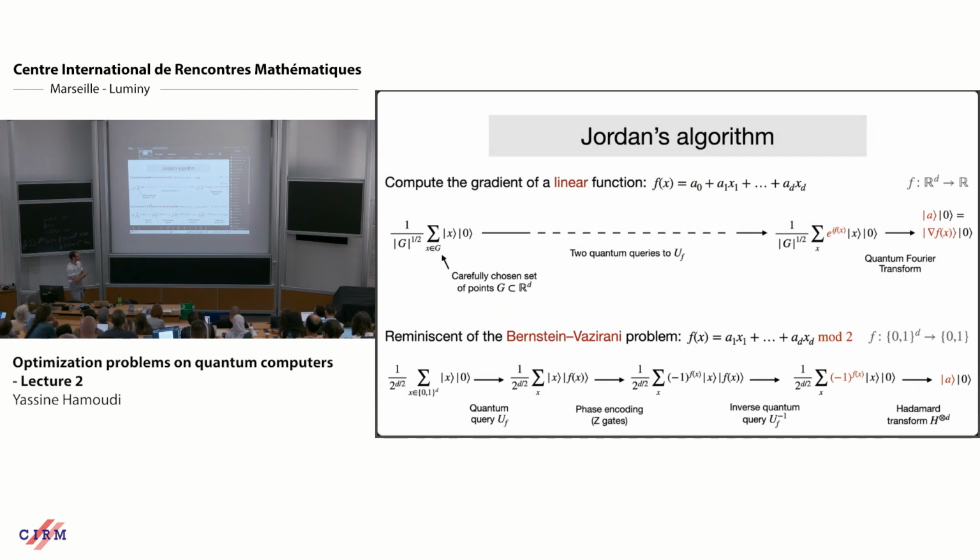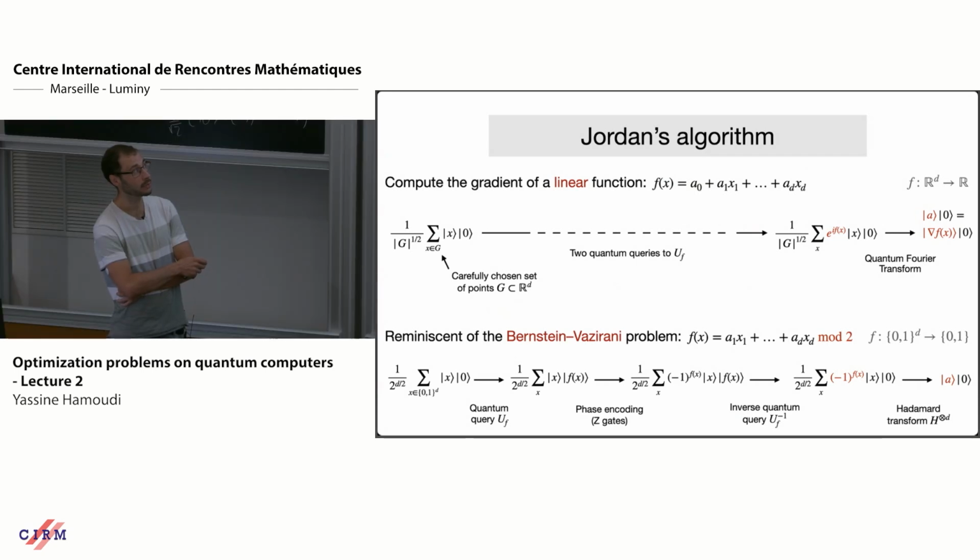Then you do essentially the same thing as the Bernstein-Vazirani algorithm: you make a query in superposition, you move the result into the phase, and then you undo the quantum query. Doing that, you arrive at a uniform superposition with information about the value of f of x encoded into the phase.